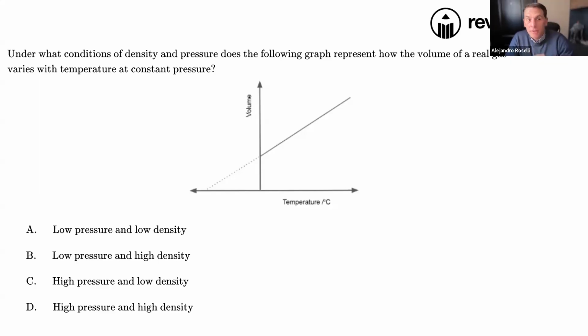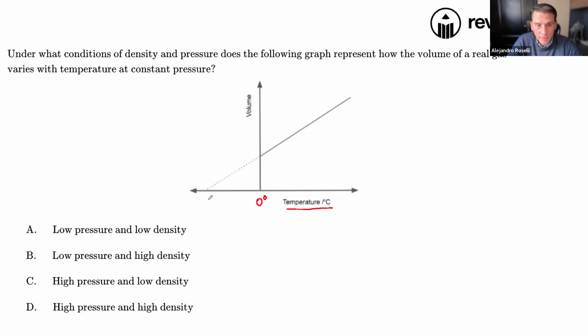The question is: under what conditions of density and pressure does the following graph represent how the volume of a real gas varies with temperature at constant pressure? A few comments before diving in. Notice that the temperature represented on the horizontal axis is in degrees Celsius, which means that we would have 0 degrees here.